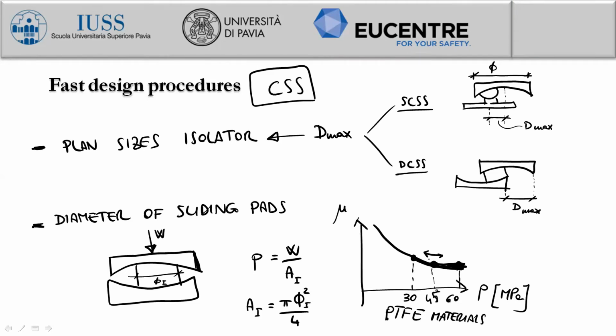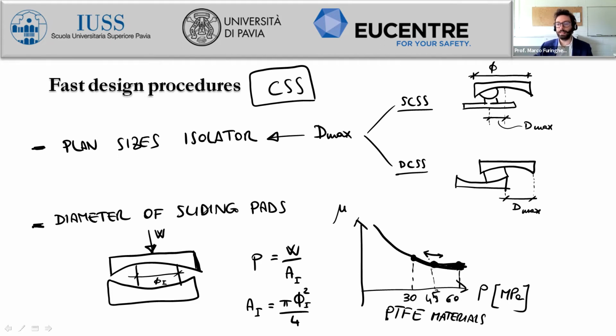Well, actually, with this typology of device you start having hardening as it starts moving, because the hardening is provided by the projection of the vertical load along the tangent plane to the spherical surface. So once it starts moving, the vertical load is projected along the curved shape of the spherical surface, and this is the reason why you have the restoring stiffness for the hysteresis loop.